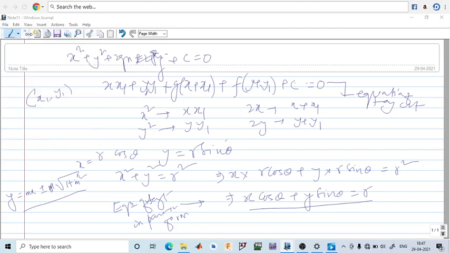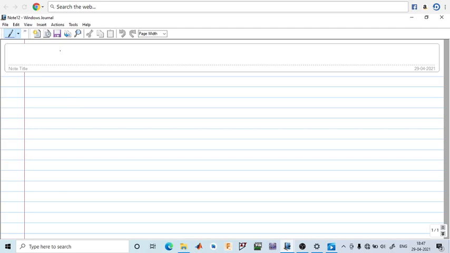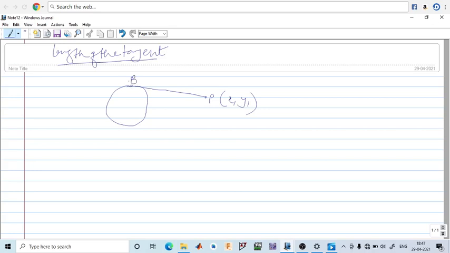So length of the tangent. Suppose a point that lies externally is (x1, y1), and suppose PB is a tangent, then what will be its length?